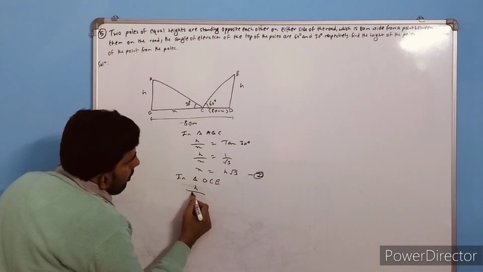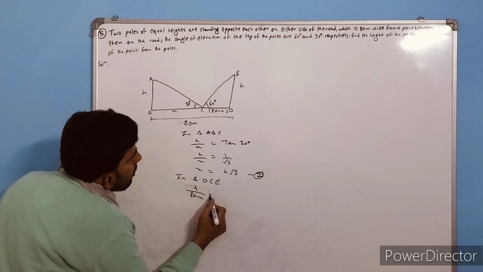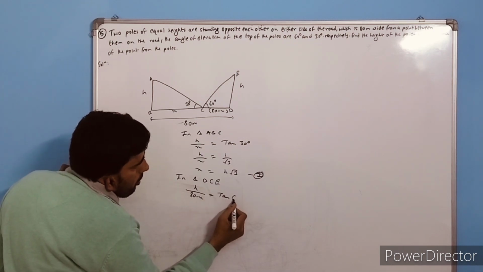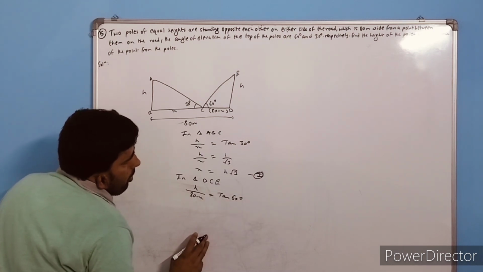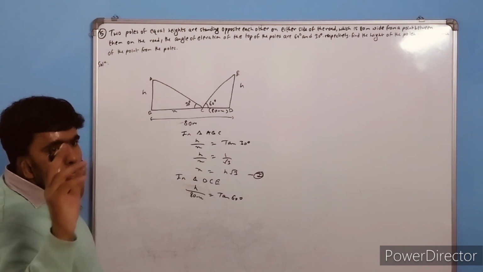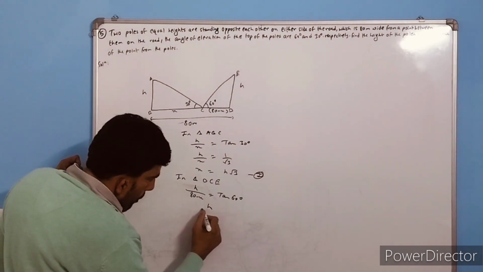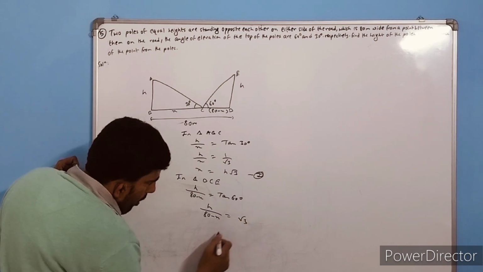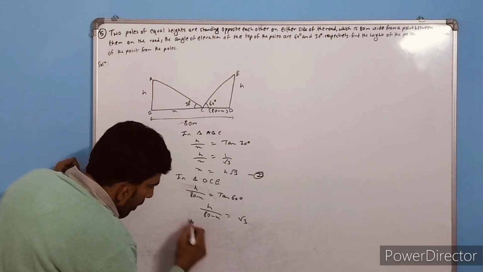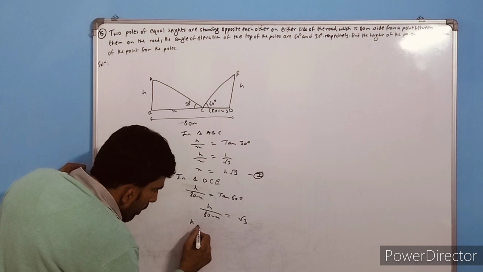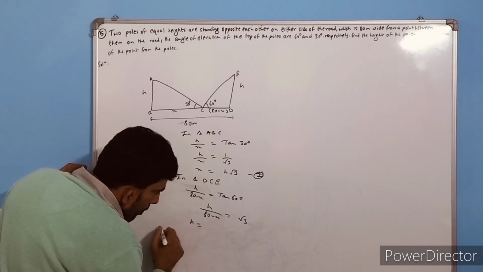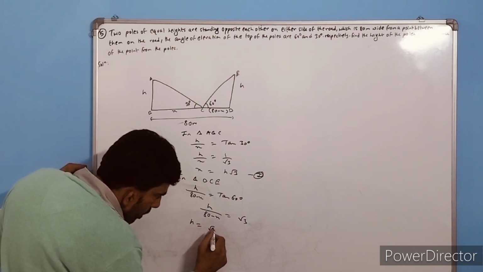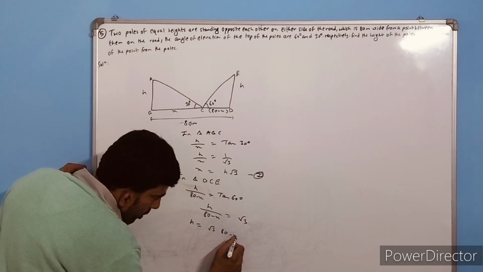So h upon 80 minus x is equal to tan 60 degree. Now what is tan 60? Root 3. So h upon 80 minus x is equal to root 3, so I got h is equal to root 3 into (80 minus x).